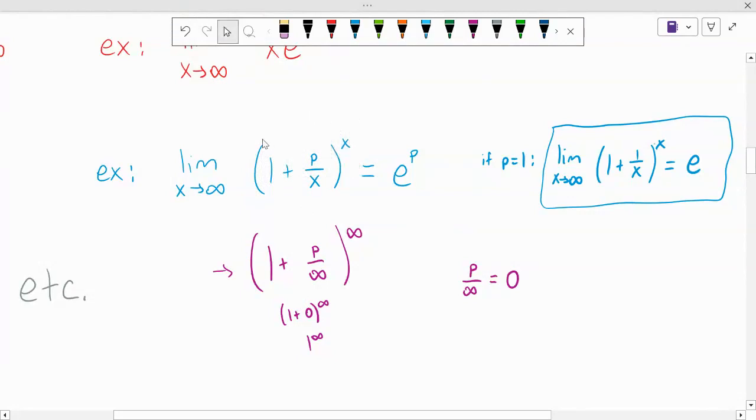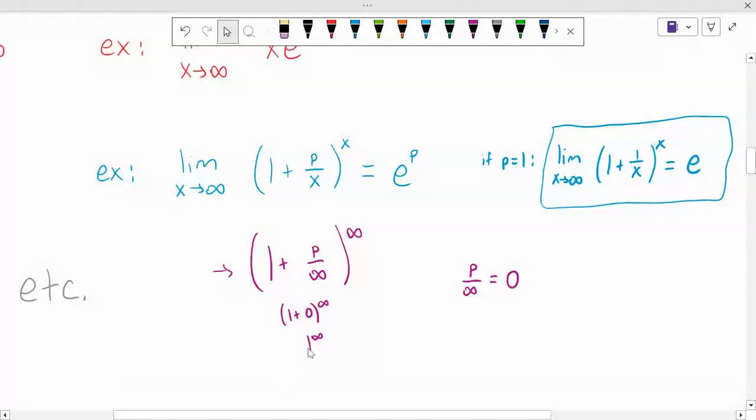What's really going on is you have something that's getting really close to 1 that's being raised to a really, really big power, close to infinity, if you will. So when we write 1 to the infinity, it's not that you have an actual 1 to the infinity. Again, in the context of limits, you have something approaching 1 being raised to a power that's approaching infinity.